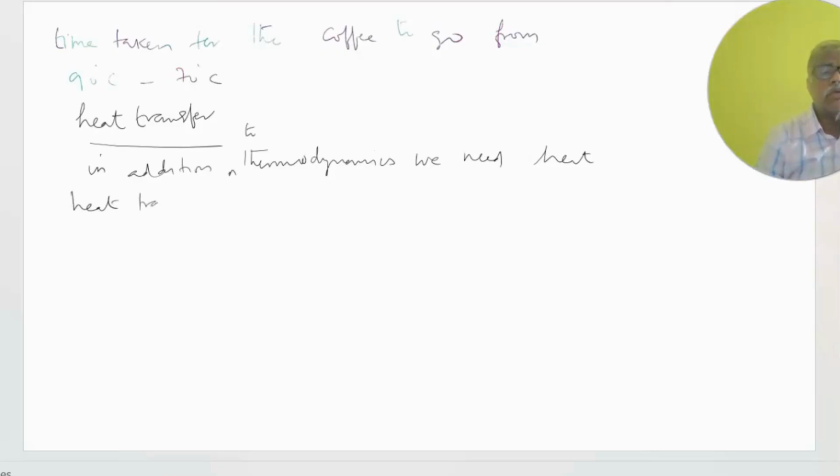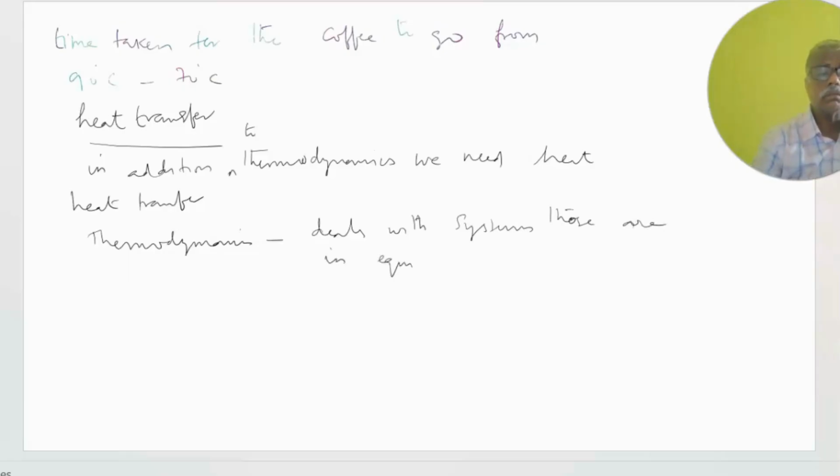So in simple words, we can say thermodynamics deals with systems that are in equilibrium.